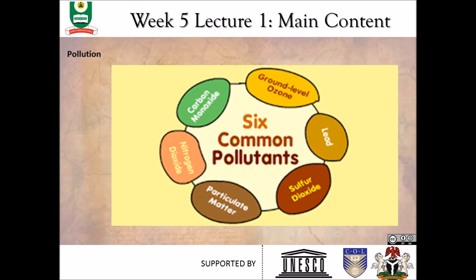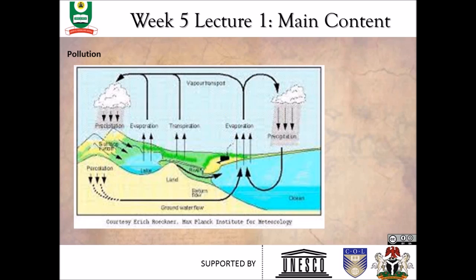All pollutants constitute danger also to aquatic life through suffocation. This is what happens in the Niger Delta region of Nigeria, where the oil companies operate. Other water pollutants include human feces, fertilizers, soaps, detergents, and so on.